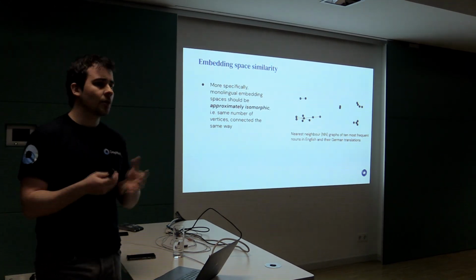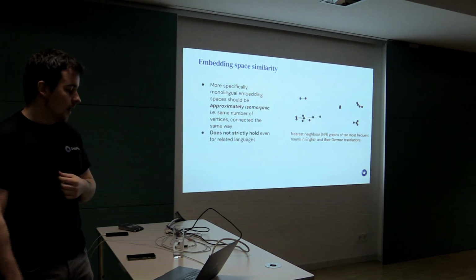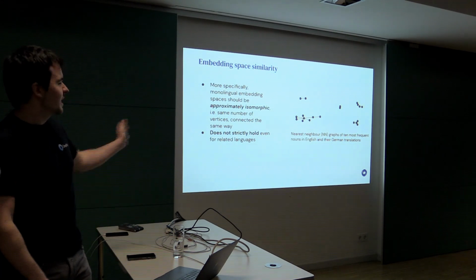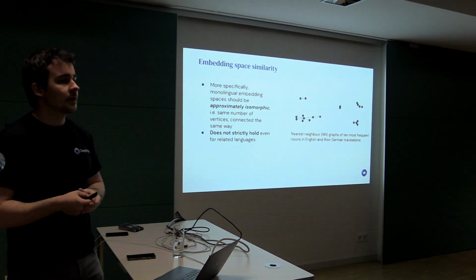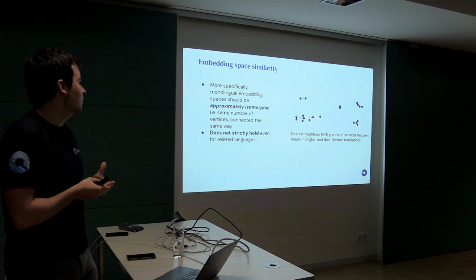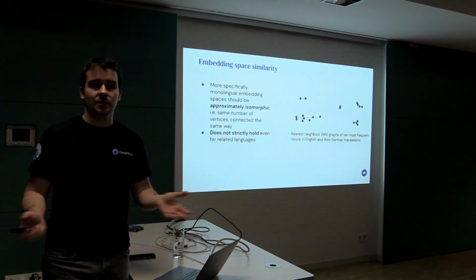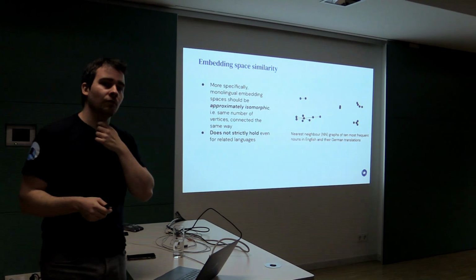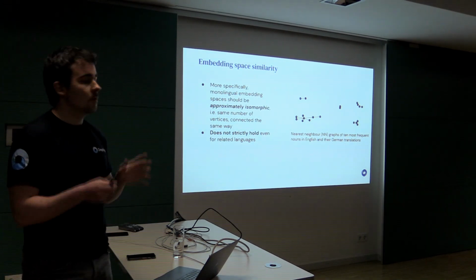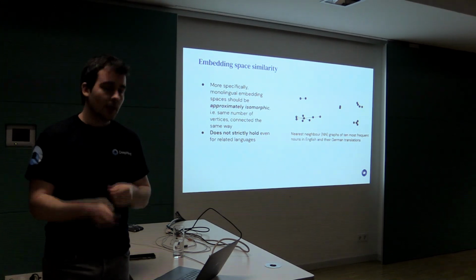So in general, whether they're approximately isomorphic. If we study that for not only similar but also dissimilar languages, we find that this assumption of approximate isomorphism that most of these unsupervised approaches make under the hood does not strictly hold even for very related languages. And for more dissimilar ones, it holds to a far lesser degree.